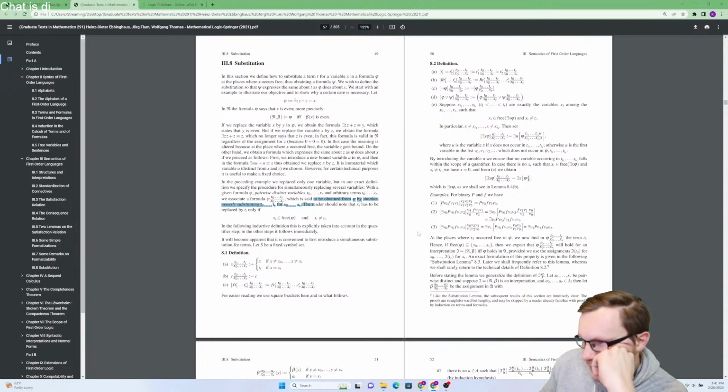Yeah, and this one does the same thing. All the places where xi occurred free in phi, we find now the term ti.